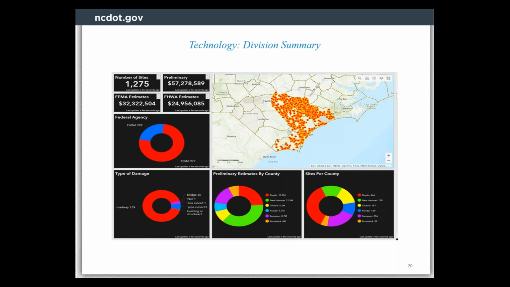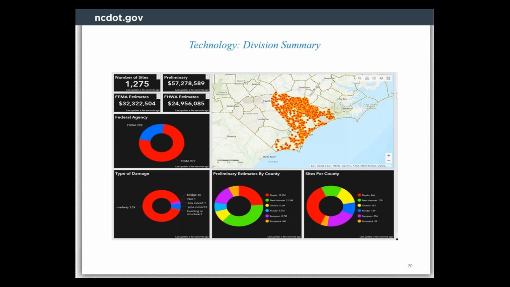The other great thing about this tool is, because all the data is in there and it is geo-referenced and it's on a map, you can look at what you want to, whether you want to look at the entire state as what I just showed you, or if you want to look at a division. This is a picture of the damage sites in Division 3 for us. That's southeastern North Carolina. And so we could just look at that particular area.